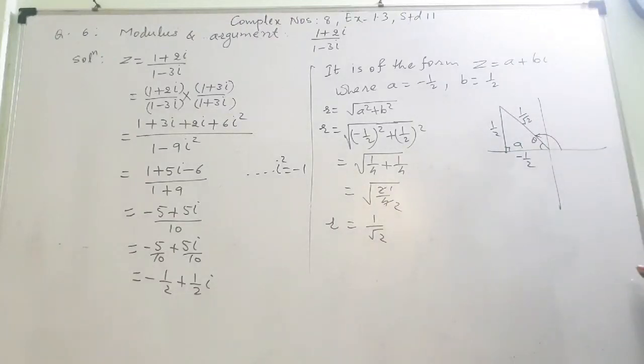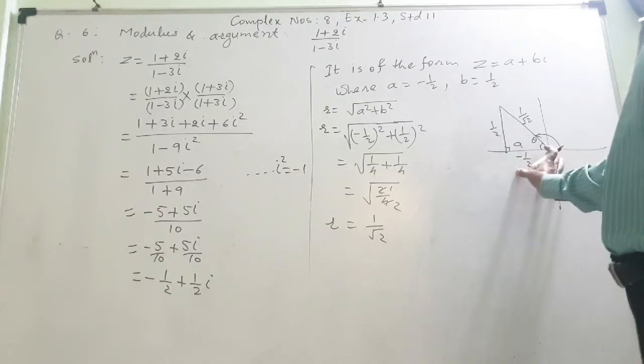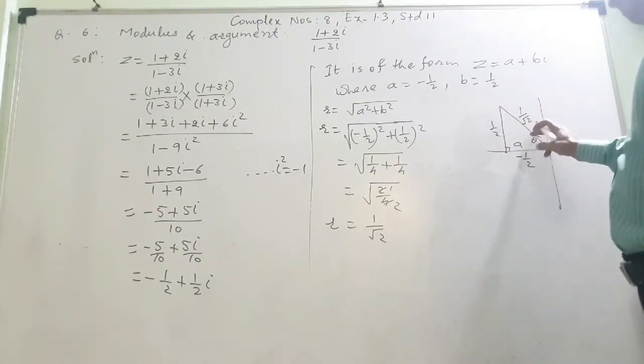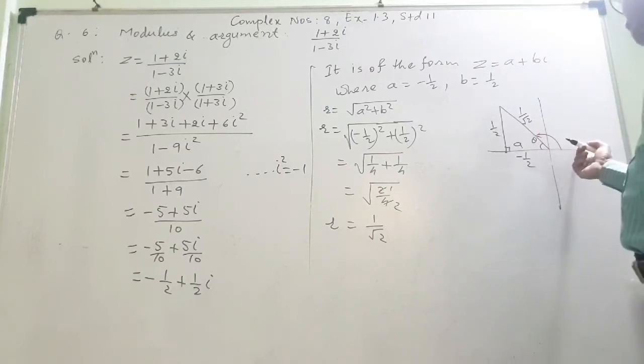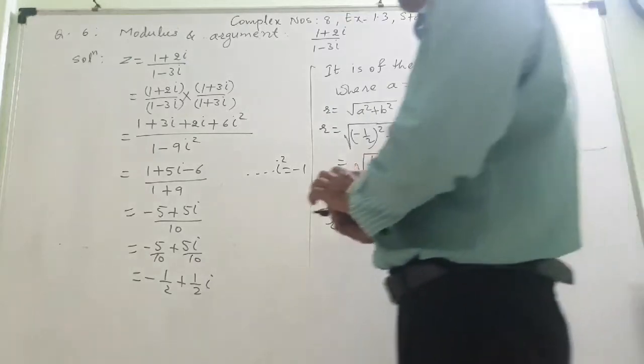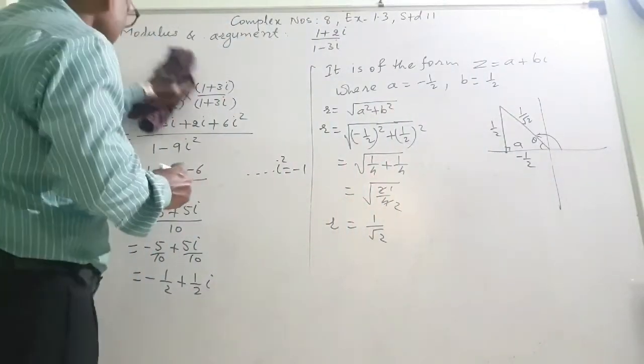So hope that you have understood. Now this part you will keep this minus half, this half, from this theta. Actually we are measuring the angle from the positive direction of the x-axis.